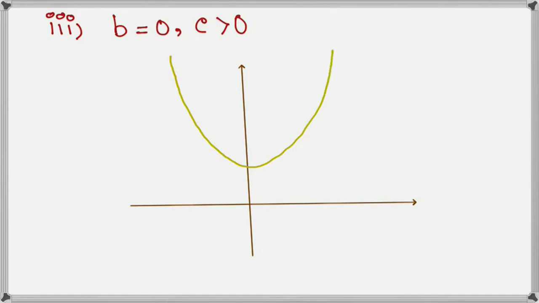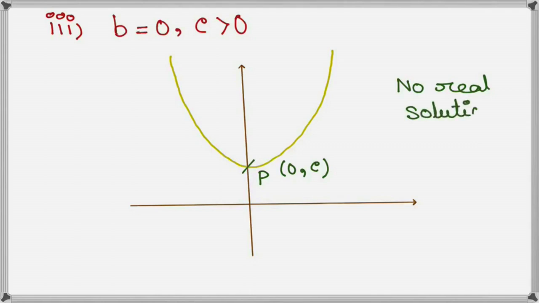So here is the vertex, which is also the y-intercept. So this is 0, c, and here also no real solution exists.